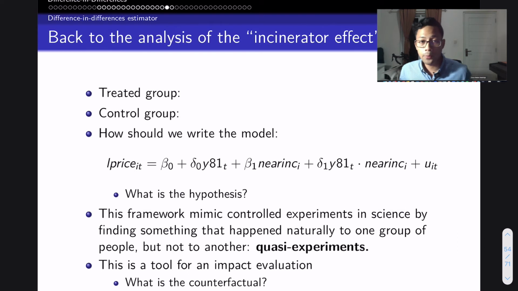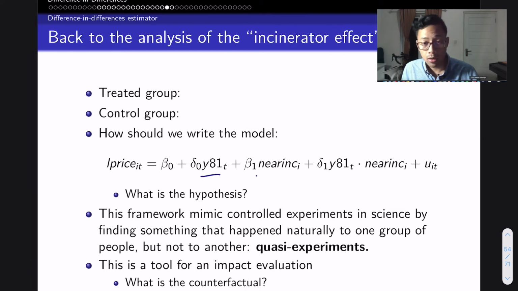Okay, so going back to the analysis of the incinerator effect, the treated group is going to be houses that are located near the incinerator, and the control group are going to be households located far away from the incinerator. So you have an idea on that. Let's write the model for that. Of course, the outcome of interest is going to be the price, and here we're going to use the log of price. Then we're going to have a variable that indicates the time or the post, and that's going to be y81.